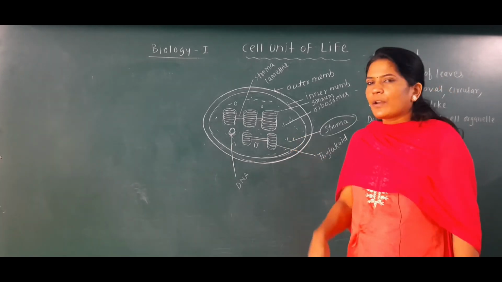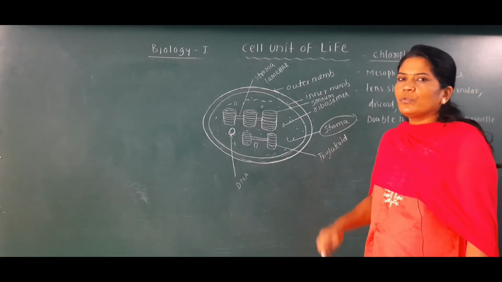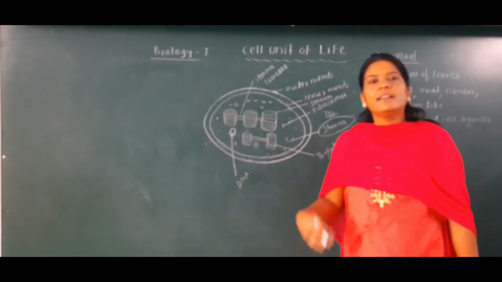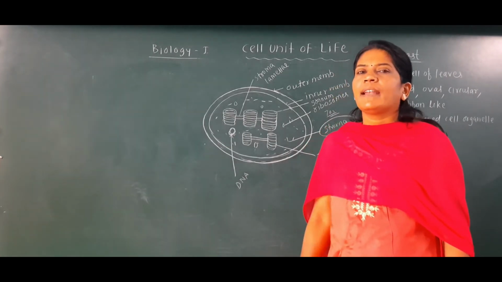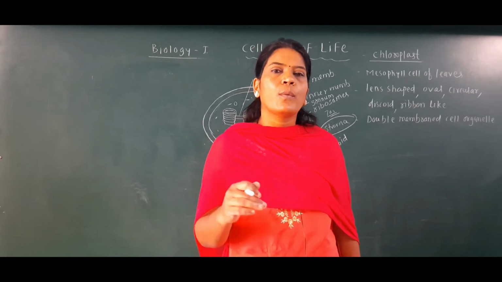Okay, here you can observe that this stroma also has ribosomes, and those ribosomes are of the 70S type. In the previous lecture also we have seen that mitochondria has its own ribosomes. Those are also of the 70S type.